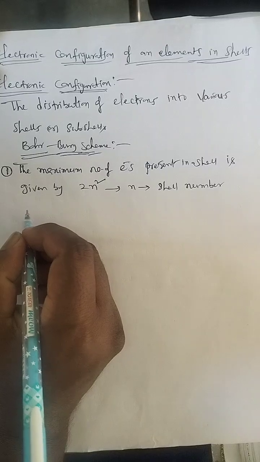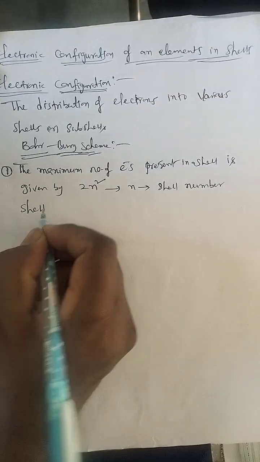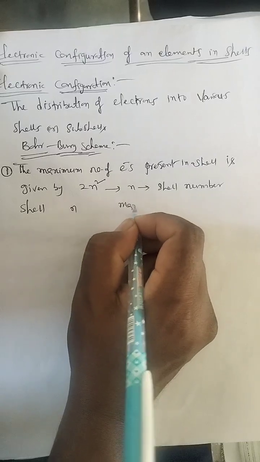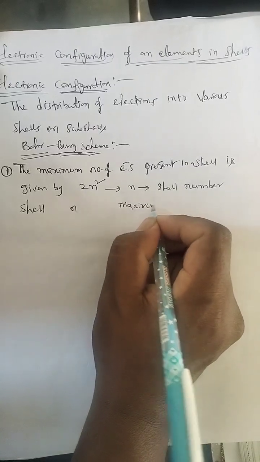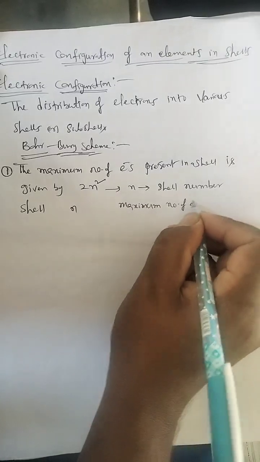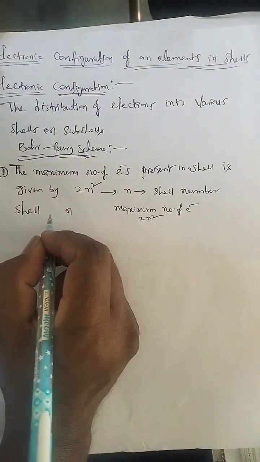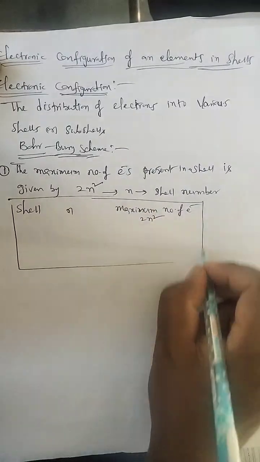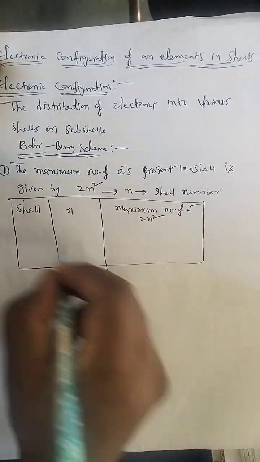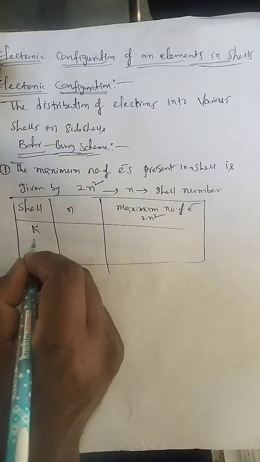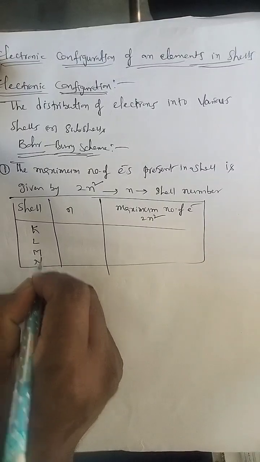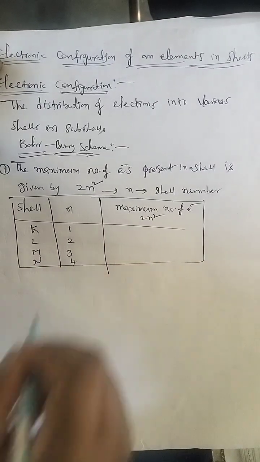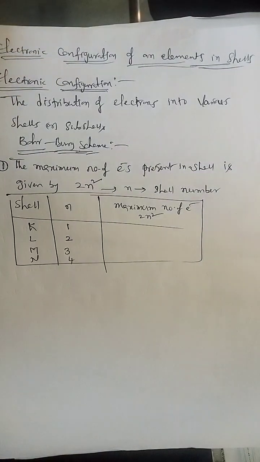Here you can observe the shell number n and the maximum number of electrons, formula 2n square. If you take the shells K shell, L shell, M shell, N shell, the number of orbits is 1, 2, 3, 4.